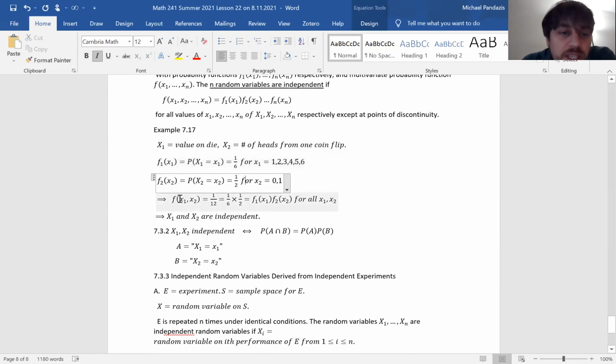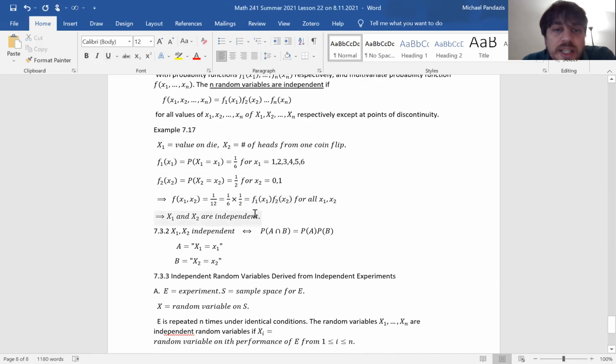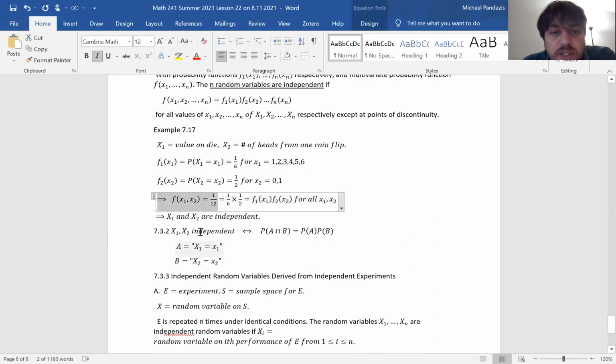That implies f of x1, x2 is equal to 1/12, which is 1/6 times 1/2, which is f1 of x1 times f2 of x2. So we showed that f of x1, x2 is equal to f sub 1 of x1 times f sub 2 of x2. If you do the experiment, you see that 1/12 is equal to 1/6 times 1/2.